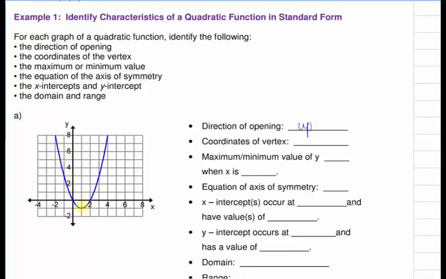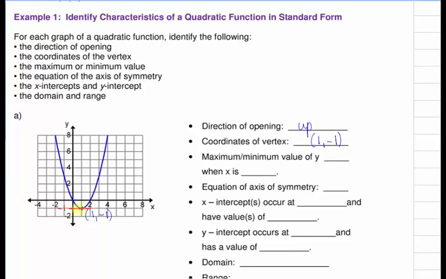The coordinates of its vertex are 1 and -1. So in terms of this graph, because it opens up and it looks like a valley, we have a minimum point, and our minimum point occurs when y is equal to -1.